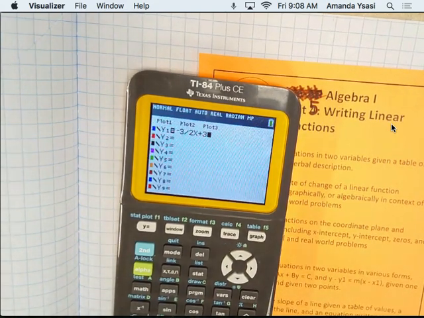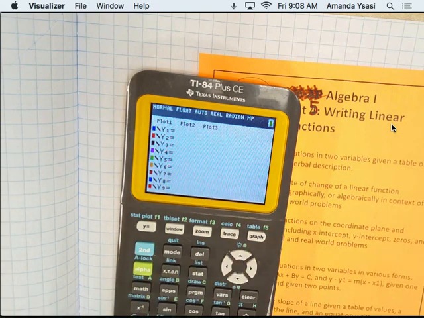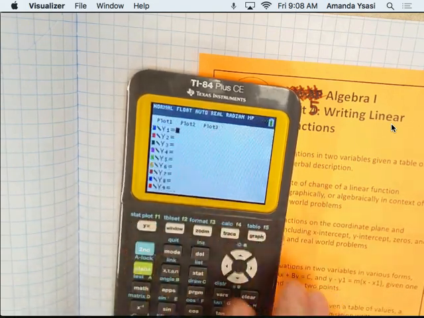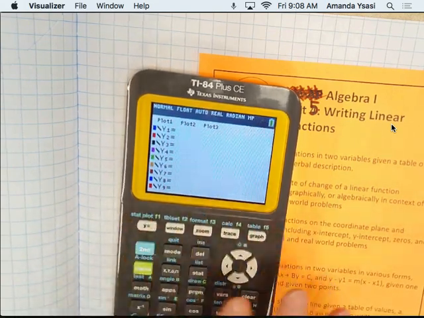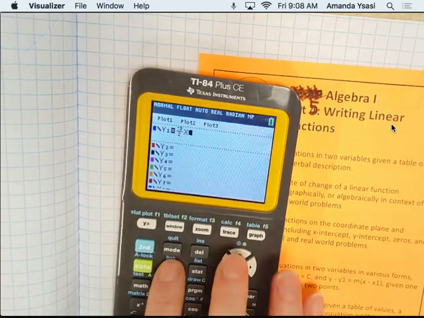Instead of writing -3 over 2, you could do your fraction. Remember that? Let's see. Negative 3 over 2x plus 3.